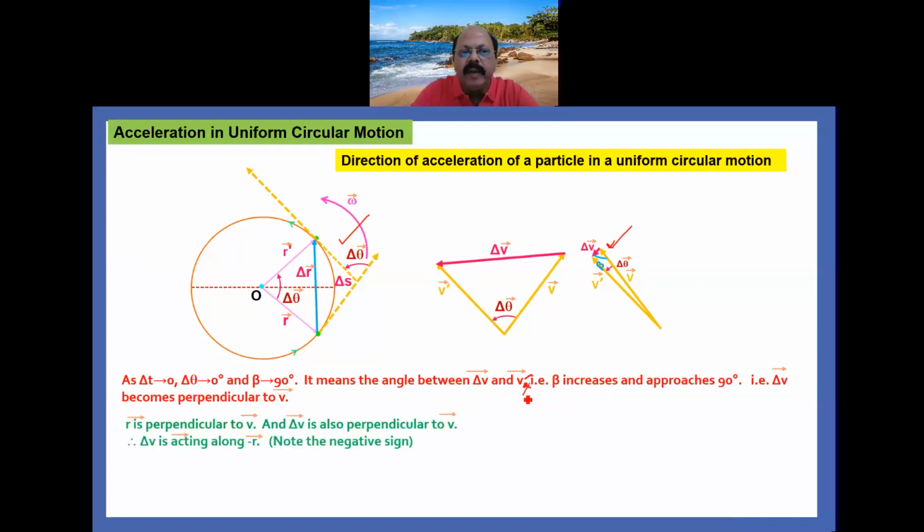Then r vector is perpendicular to v vector, and delta v vector is also perpendicular to v vector. Therefore delta v is acting along minus r vector.